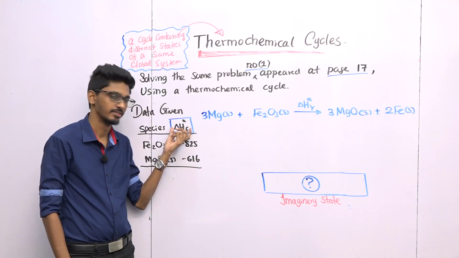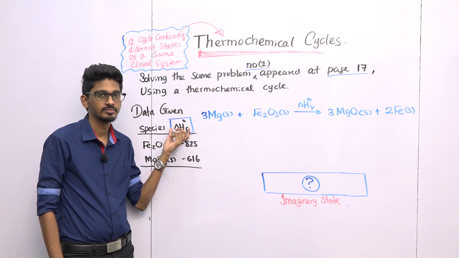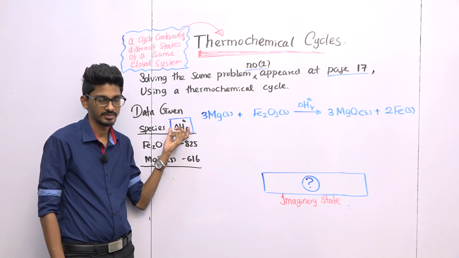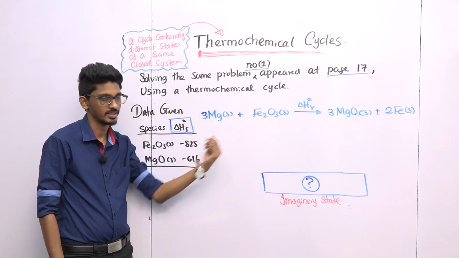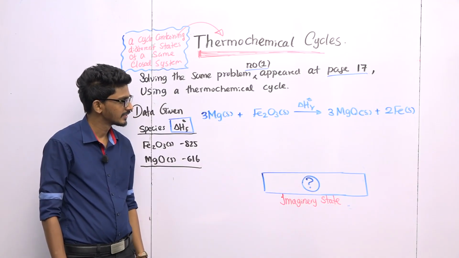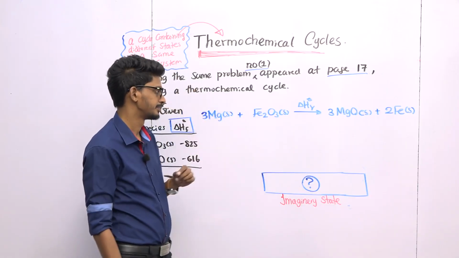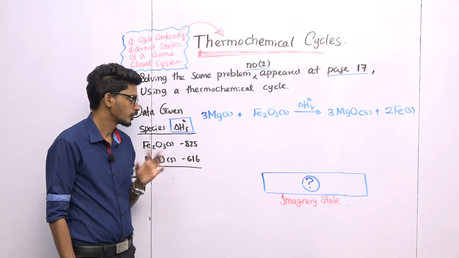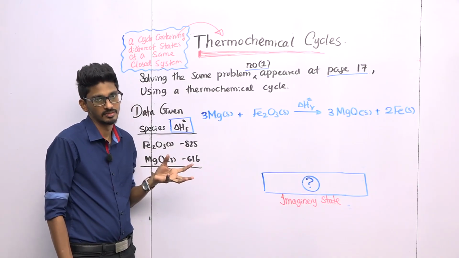Right? Examine the data given. Then see the missing pieces of your cycle, of your diagram. So already the compounds are written. Right? But not all the reference forms of this system are written so far.